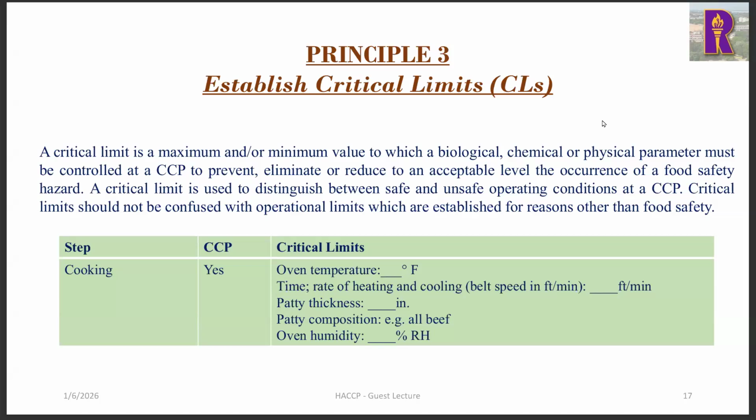The composition matters, and the relative humidity also comes into the picture while establishing these critical limits. When it falls outside the maximum limit, then the corrective measure would be taken.